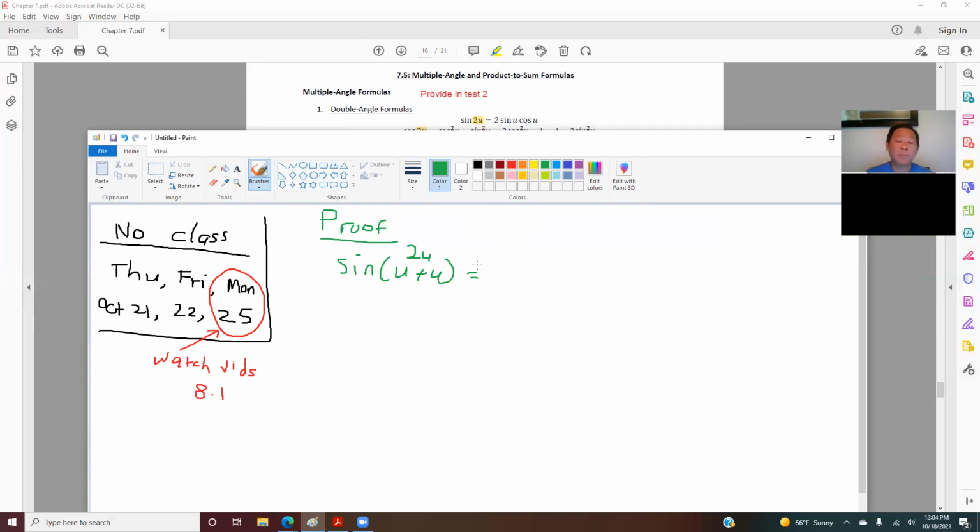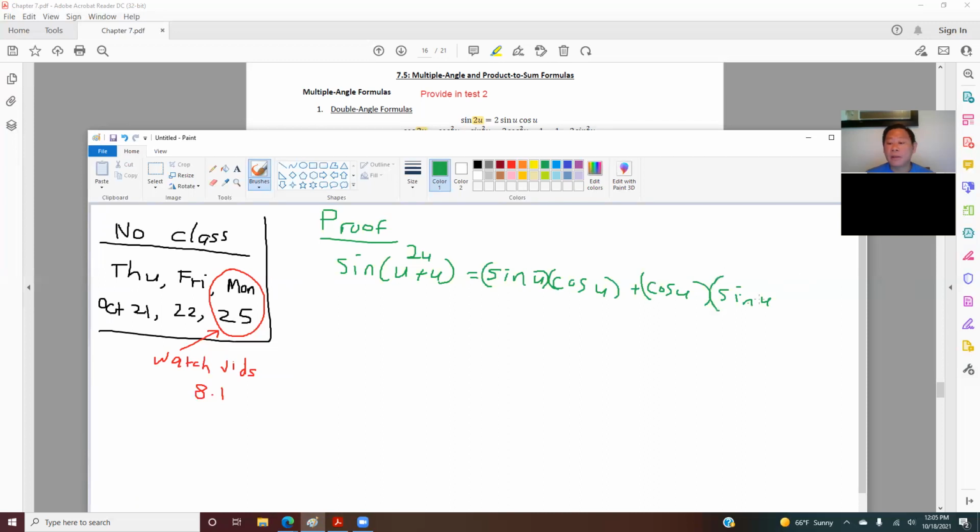If you remember, the 7.4 formula says sine u cos v, but our v in this case is u, so sine u times cos u, plus cos u times sine v, and our sine v in this case is also u because both of them are u.